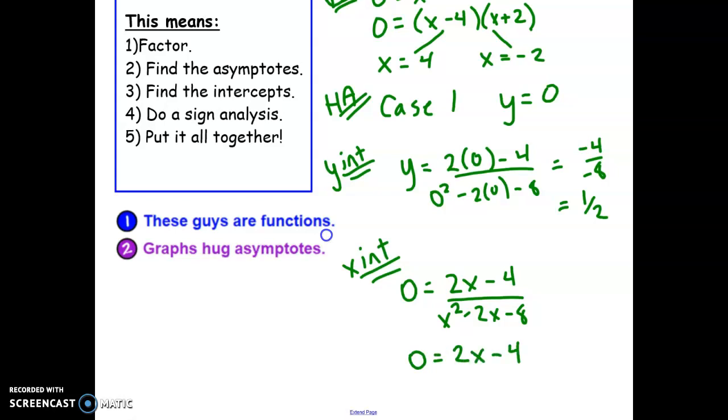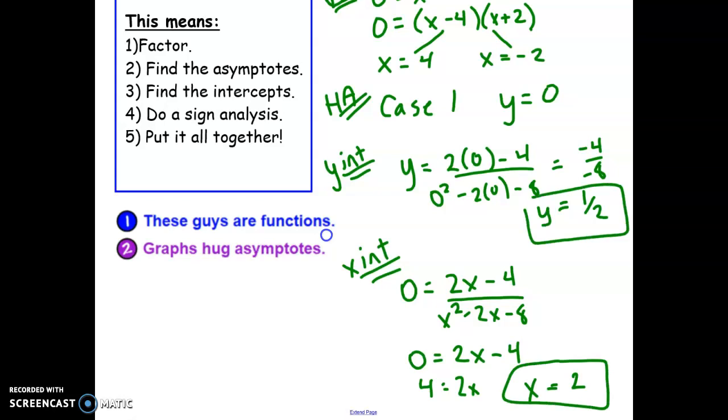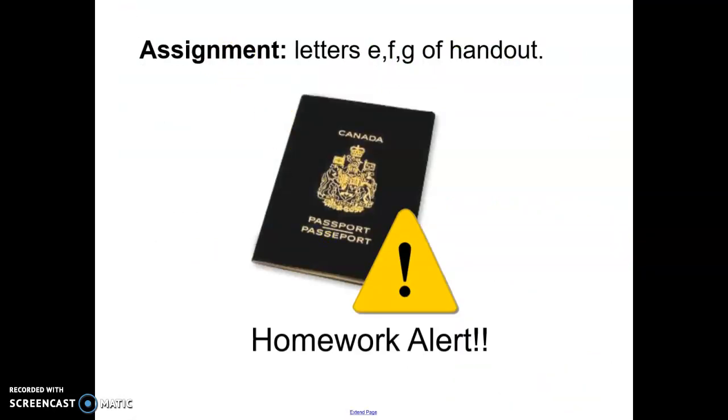So we have 0 equals 2x minus 4. Now just figure it out. So I'm going to add the 4 over and then divide by the 2. So we get x equals 2 for my x-intercept. So I have an x-intercept, a y-intercept, a horizontal asymptote, and 2 vertical asymptotes.